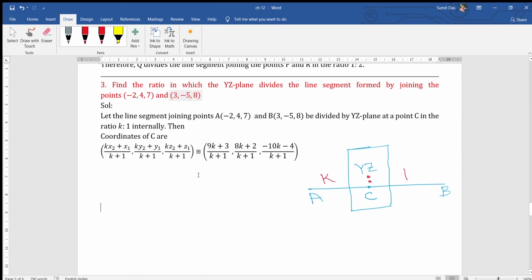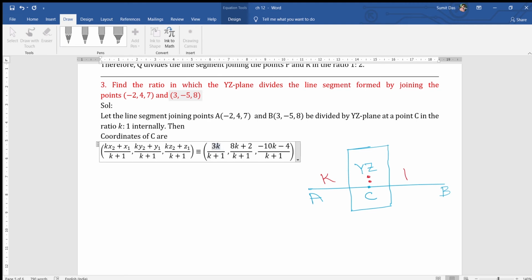For x: kx2 plus x1. The x2 value is 3, so it will be 3k, and x1 is minus 2, so 3k minus 2.